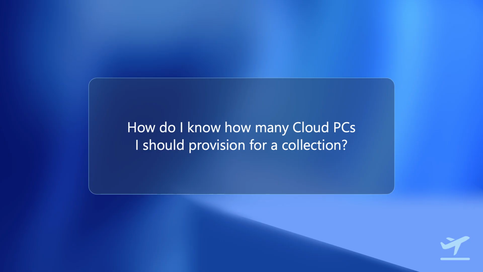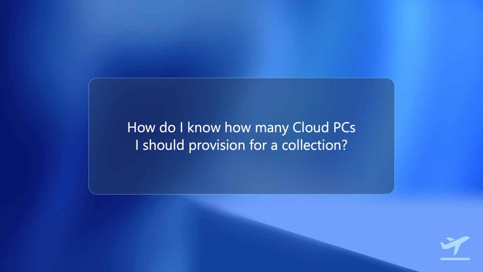Now, the next question is, how do I know how many Cloud PCs I should provision for a given collection? That's a really great question. That's why we've added the monitoring and reporting experiences so that you can monitor over time and understand how many machines you should be providing for a set of users. In general, in shared mode, we've seen that a lot of customers are typically provisioning as many devices as their physical endpoints.